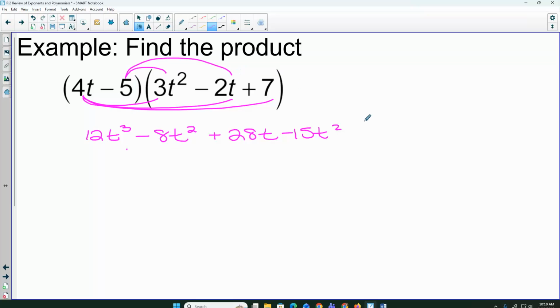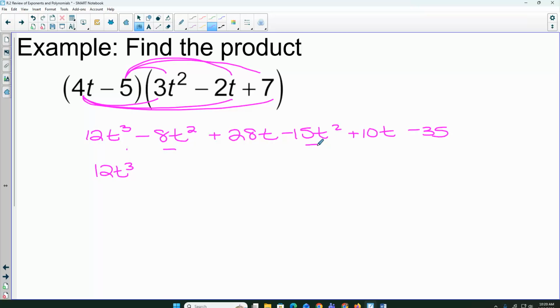negative 5 times negative 2t, and negative 5 times 7. Everything in the first times everything in the second. Are we done? No, we always have to check if there's any like terms. 12t to the third, I don't have any other t to the third, so I just bring that down.